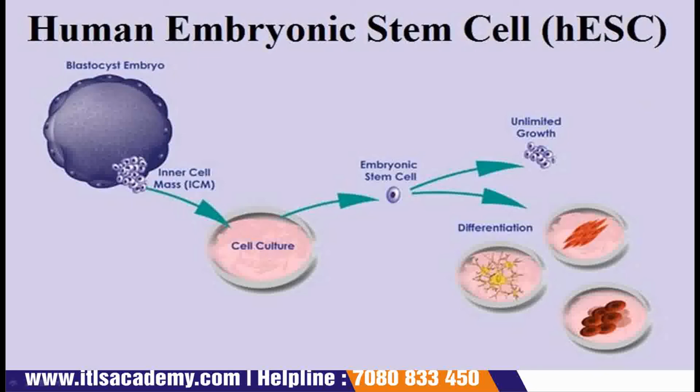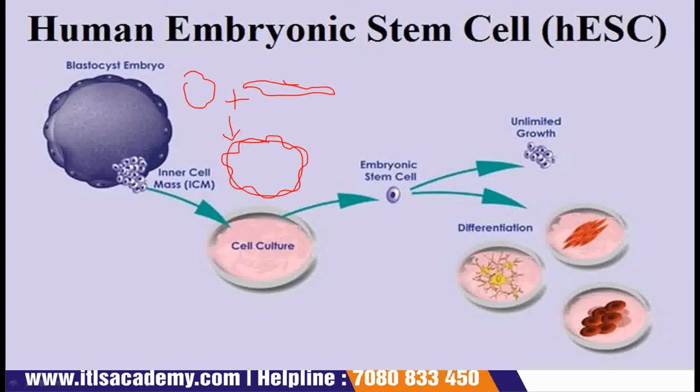If we discuss, this is egg and this is sperm. After their fusion, they form zygote. This structure known as zygote is a type of cell that can give rise to the whole body. The whole body can be derived from this zygote.